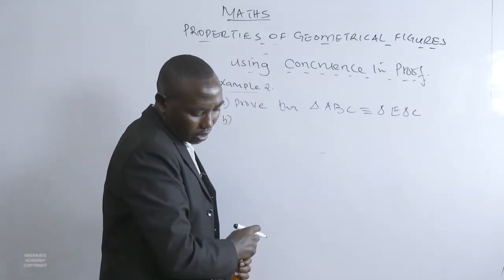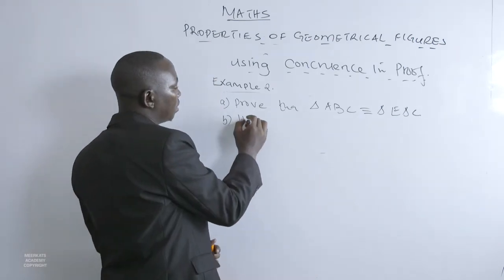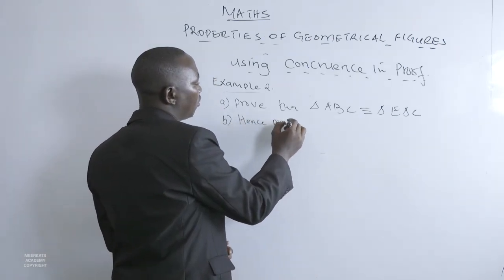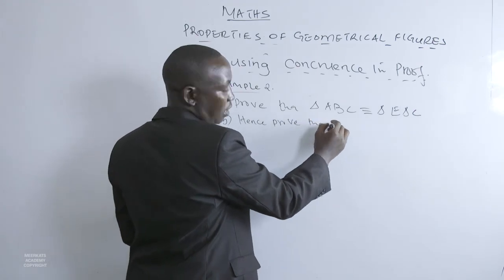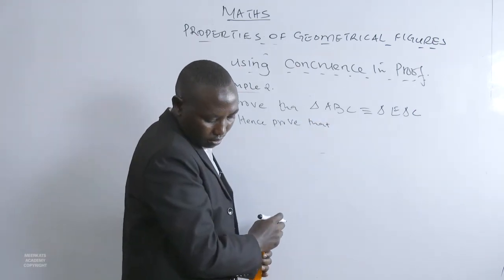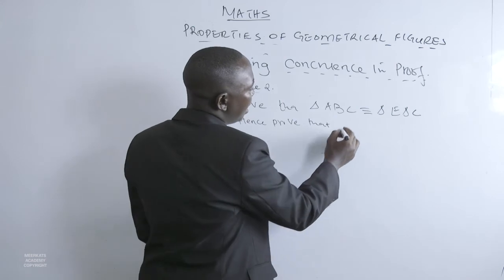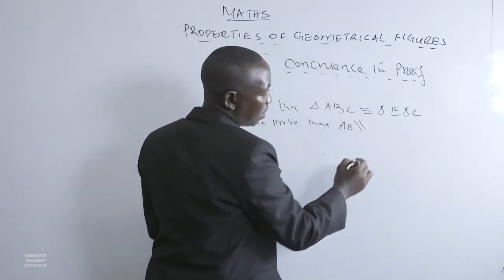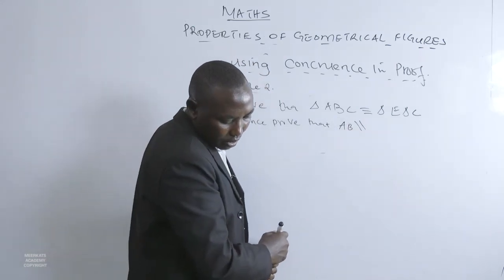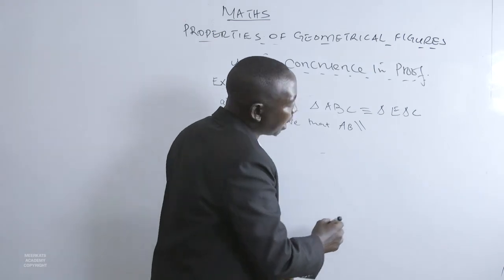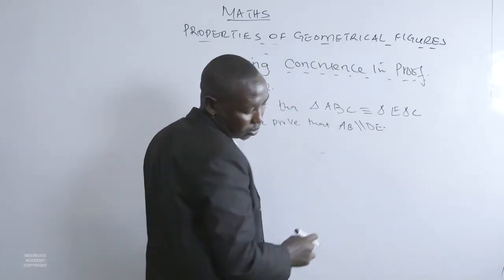Part B of the question, hence prove that AB is parallel to DE.